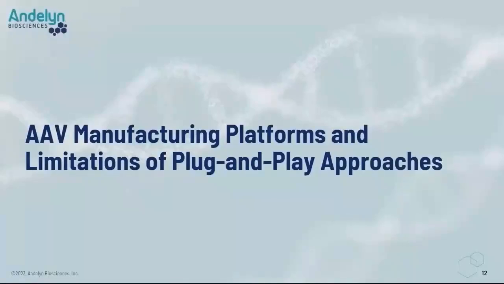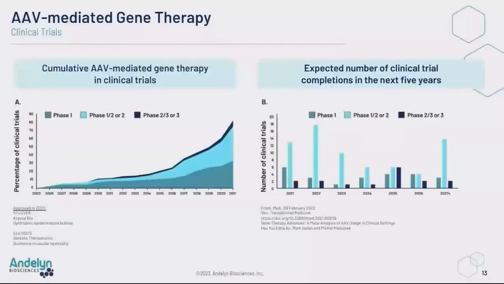Yep, thanks, Paul. So, talking a little bit about limitations of plug and play approaches. Just a little background to start: even with the current economic climate, trends and numbers of clinical trials and products being registered continue to grow in an exponential fashion.